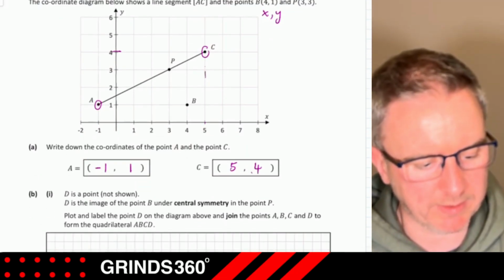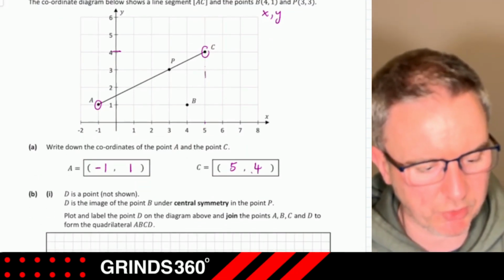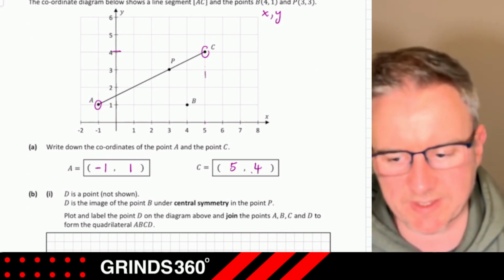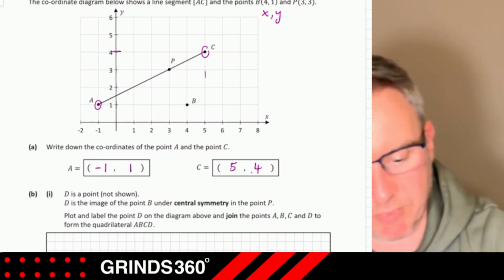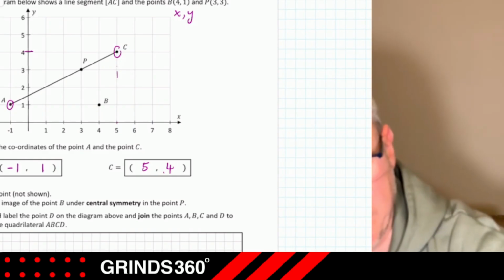The next part then, they say to you that D is a point not shown, and D is the image of the point B under central symmetry in the point P. Okay, so central symmetry, what does that mean? So just over to the side.